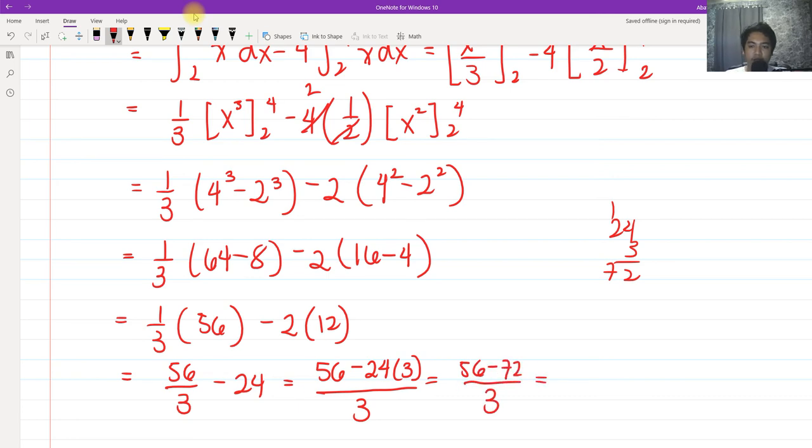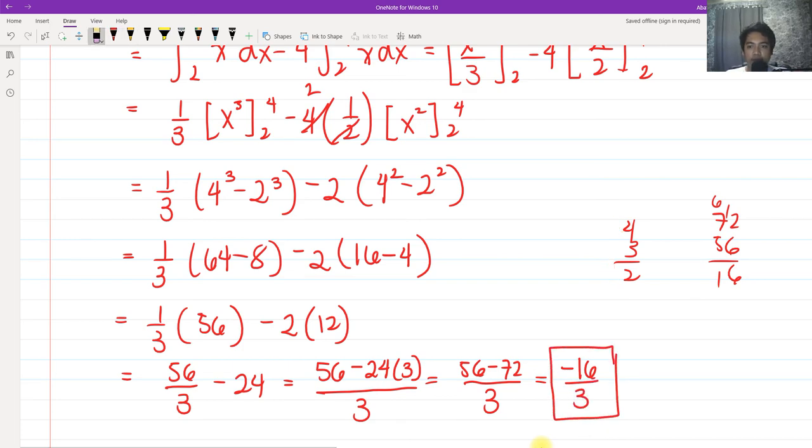And 56 minus 72, it's negative 16. Okay? So negative 16 all over 3. So that will be our answer for it.